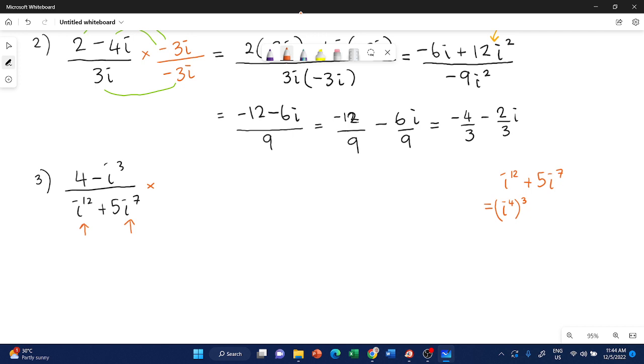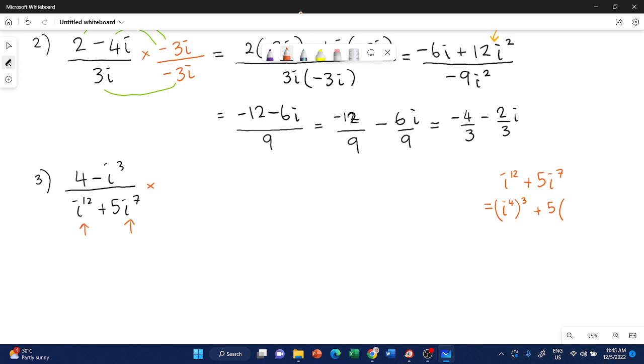Do you remember these kinds of rules of powers? Can you see this? Are you there, guys? Yes, madam.